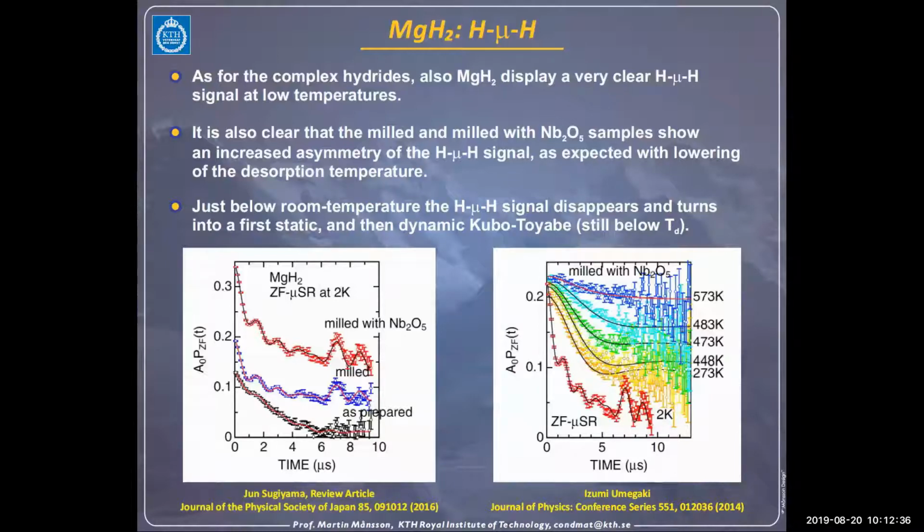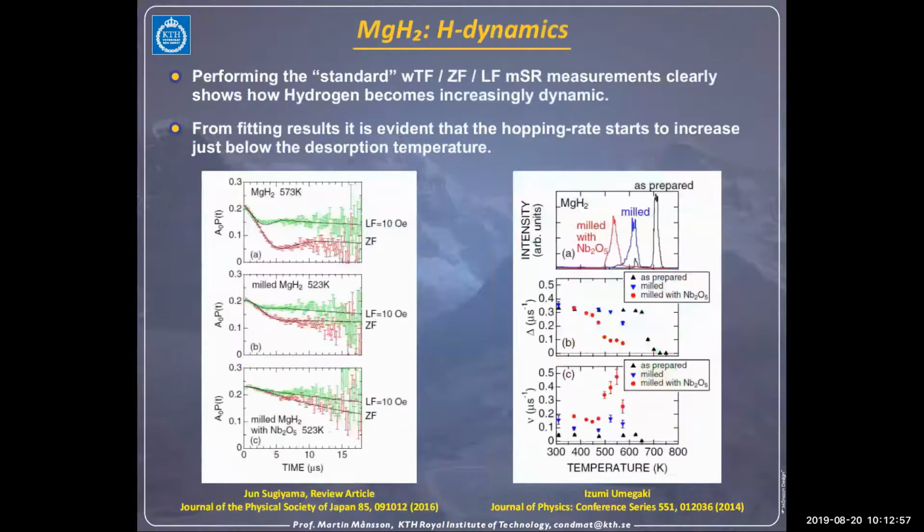And what we also see is that if you take the milled one and go up in temperature, at some point this breaks up around room temperature and you get the cool T_B, that then becomes more and more dynamic when you go up in temperature. There is some sort of dynamics going on in this. So we can do this type of measurement.